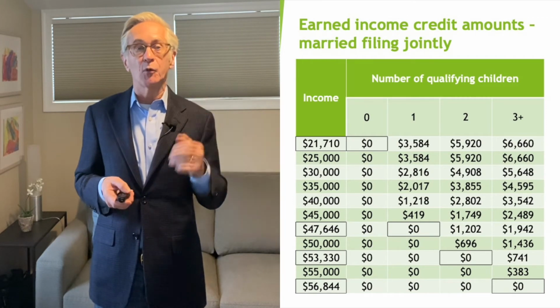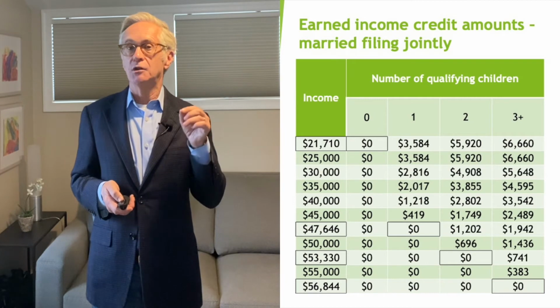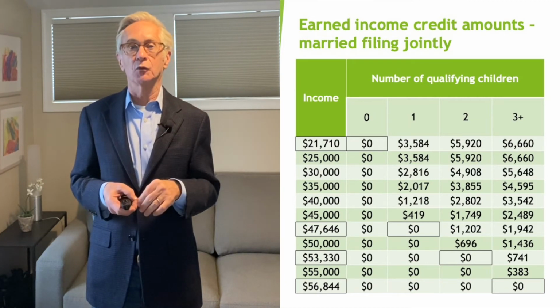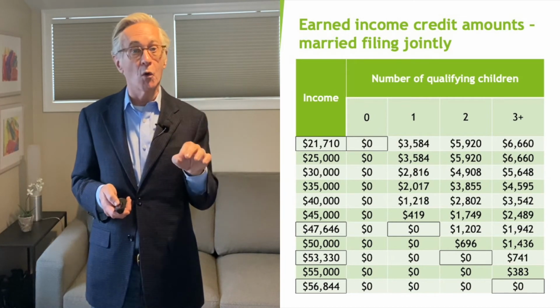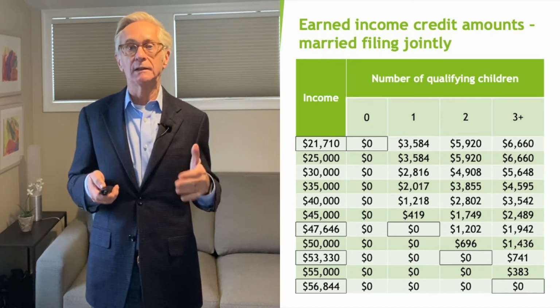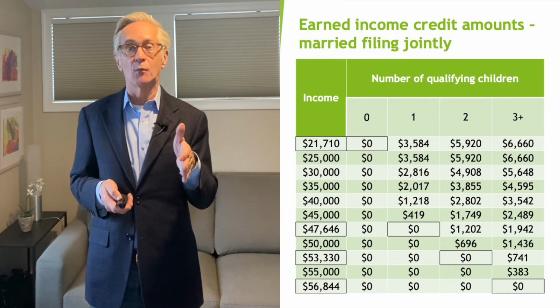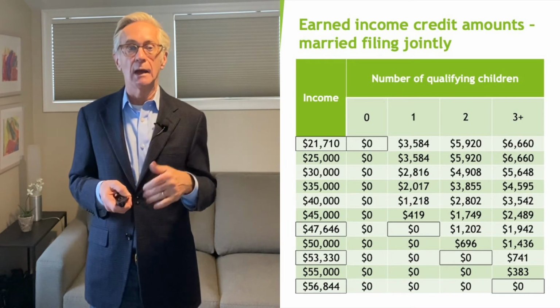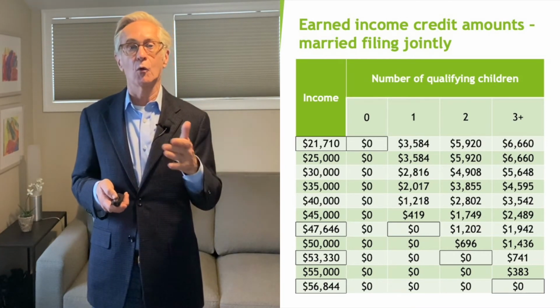So an example of that would be that if you're married filing jointly and you have no qualifying children, if you make $21,710 or more, then you're not going to get an earned income credit. That's why for any income levels above that, as you see in the table, the earned income credit is 0. And it works the same way whether you have 1 qualifying child, 2, or 3 or more.